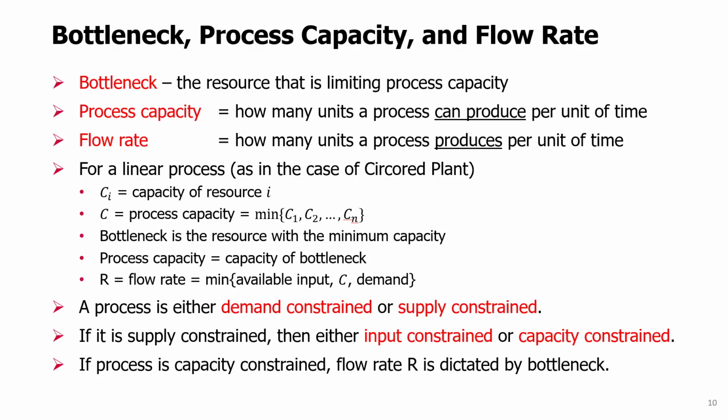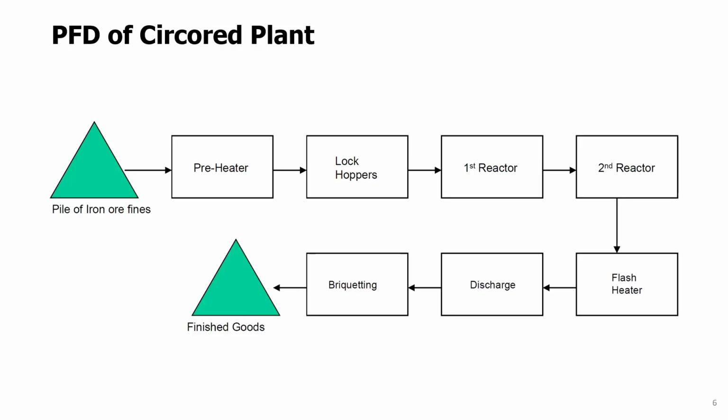For linear processes, as is the case in the Circored plant, where, if you recall, the process had 7 steps, each of those steps is one resource or several resources, and all units must visit all those resources in order to become finished goods.